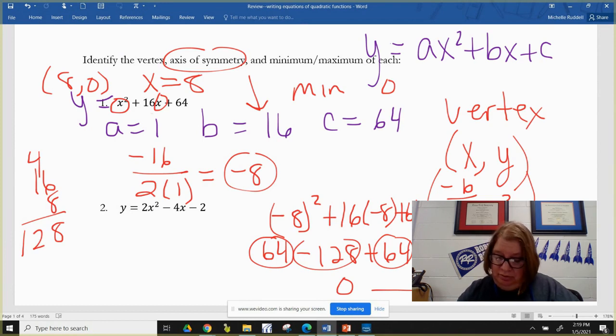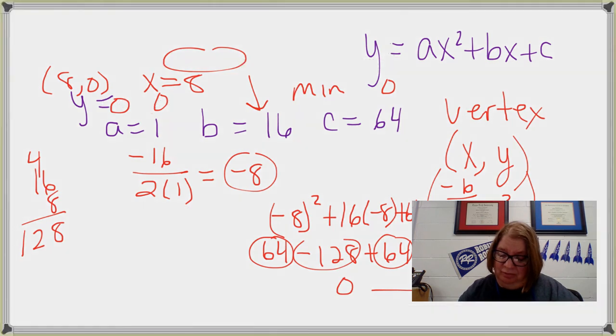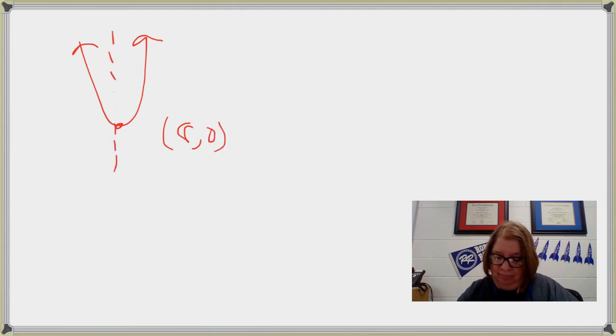Let's think about this for a second. If your parabola has a vertex at negative 8, 0, the axis of symmetry is x equals negative 8.